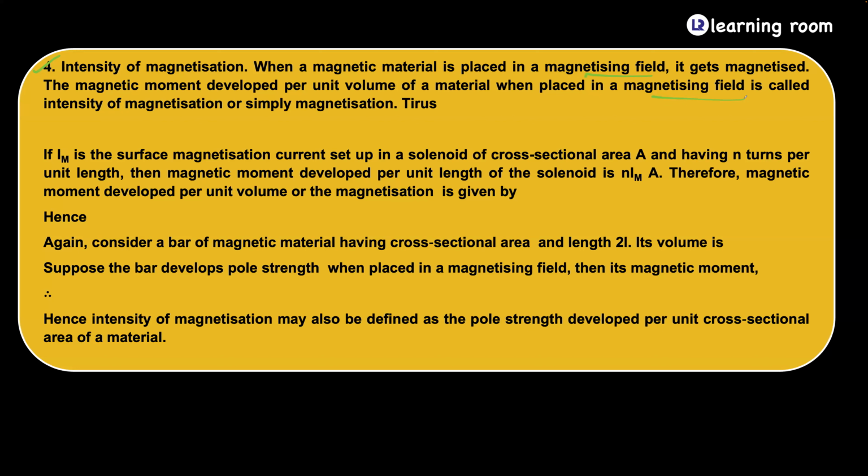What is the measuring parameter? The amount of magnetic dipole moment generated per unit volume. Are you able to understand what I'm saying? Am I clear or not? I'm saying intensity of magnetization, if I write it as capital M, is equal to the amount of magnetic dipole moment developed per unit volume. In whom? In this bell pin.